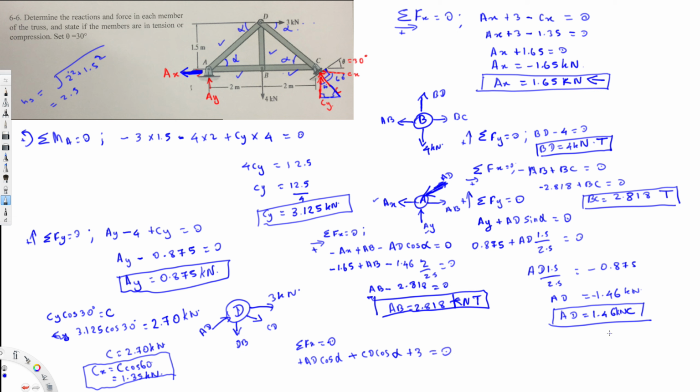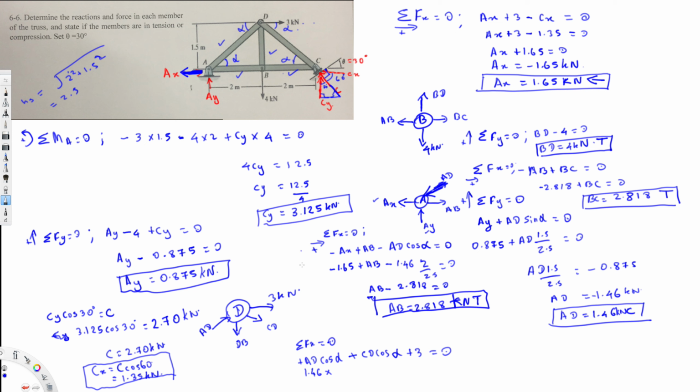So we know AD already, 1.46 multiplied by cos alpha. So cos alpha means adjacent over hypotenuse.